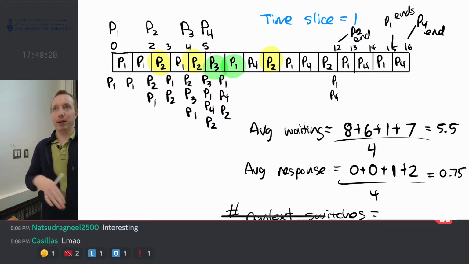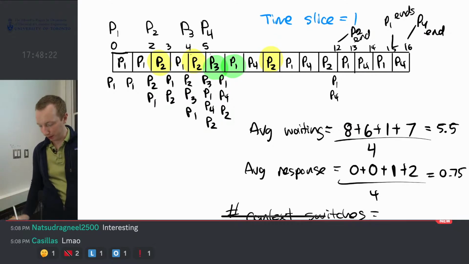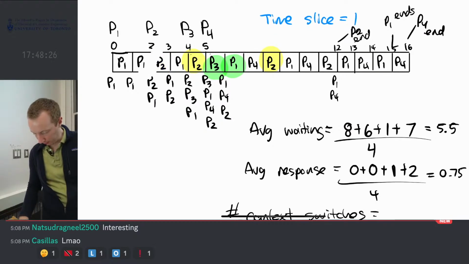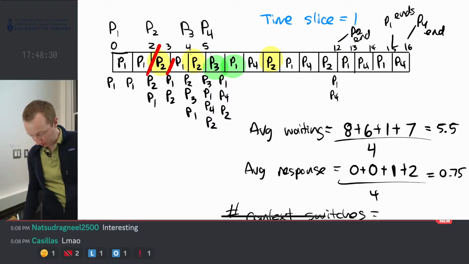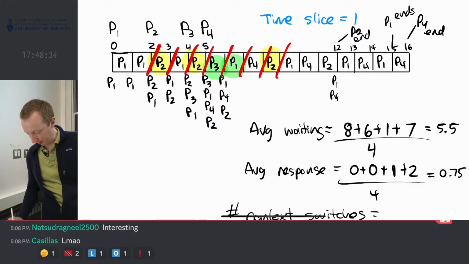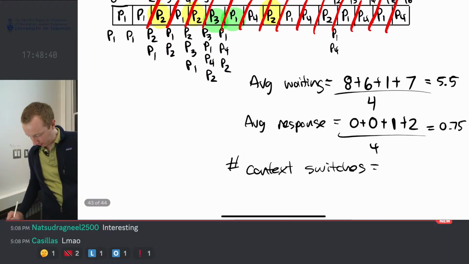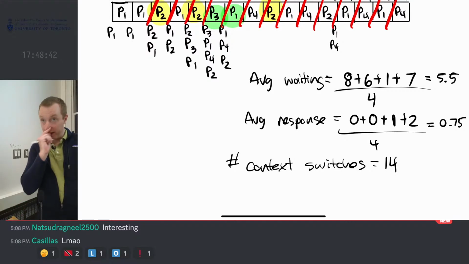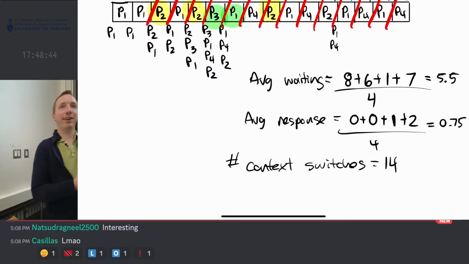The scheduler would be like same process, not a context switch. So this is our first context switch here. 1, 2, 3, 4, 5, 6, 7, 8, 9, 10, 11, 12, 13, 14. So 14 context switches. So that's as hard as it gets.